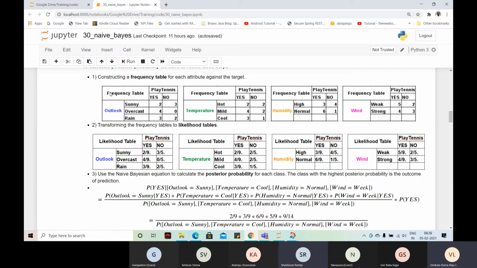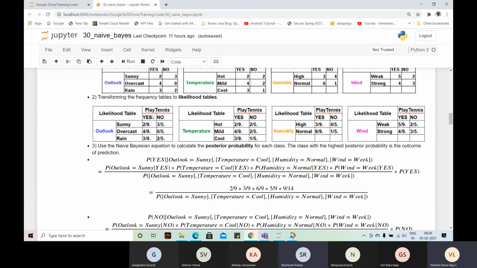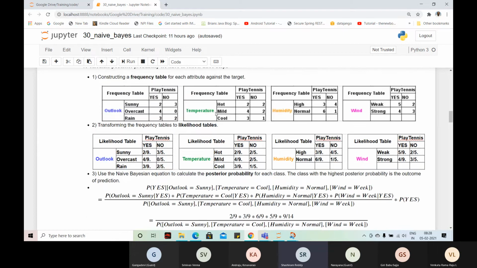So you look at these frequency tables. Here also, like this weather data, these input features are strongly related to each other. And these strongly related input features are actually deciding the output variable. Sir, can we apply PCA and use naive Bayes?